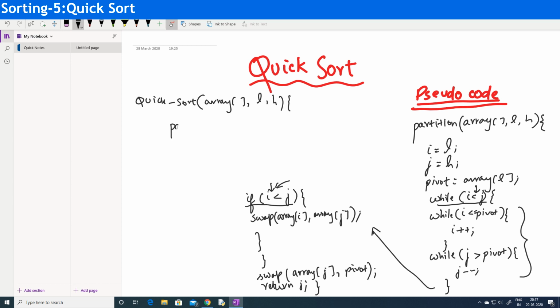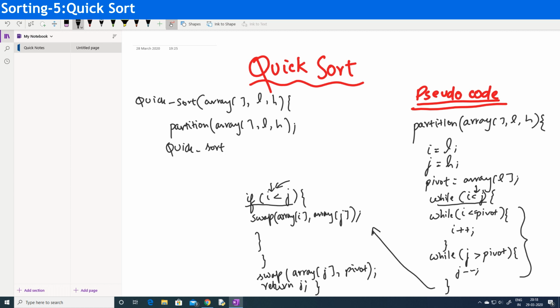So partition, array, low, and high, just like that. So when the array is passed through quicksort, the same low, high, and array are passed through the partitioning algorithm. Then we need to call quicksort recursively for the left sublist as well as the right sublist.